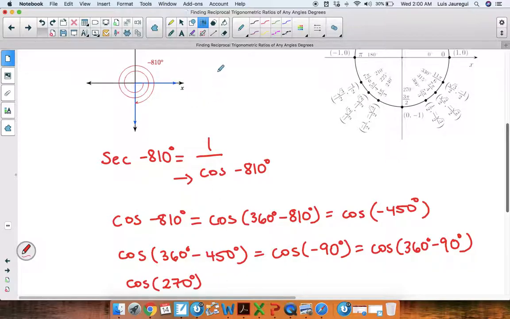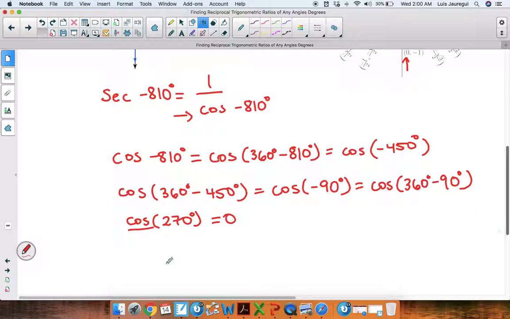Now let's recall that x is equal to cosine of theta on the unit circle, and that y is equal to sine of theta on the unit circle. Since we're dealing with cosine, we are going to look for the x coordinate for the angle whose measure is 270 degrees. So coming over here, we're going to get the x coordinate. In this case, our x coordinate happens to be 0.